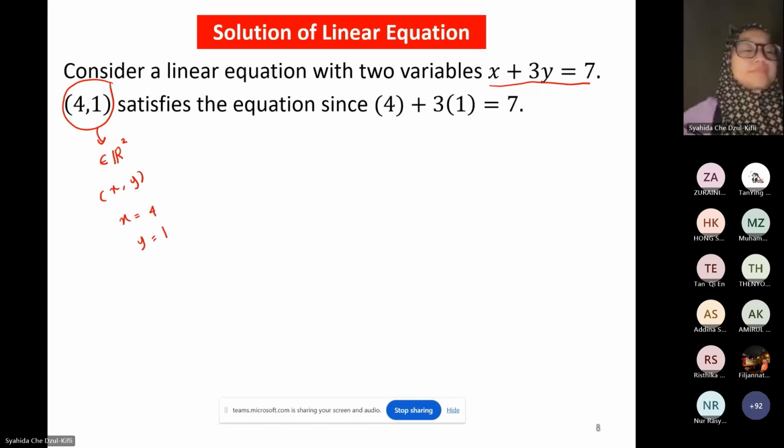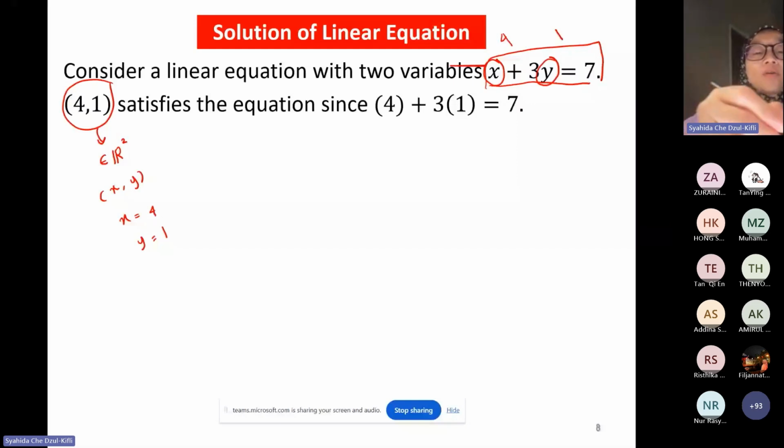For x equal to 4 and y equal to 1, whenever we substitute these values in this equation, we are going to have this equation.